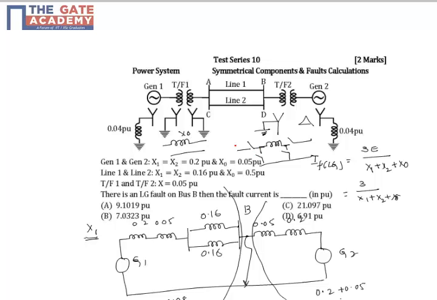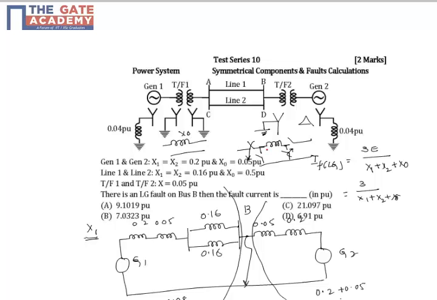Whenever you have a star connected with a ground, these switches will be closed. For example, on this side this will be closed, and these are for delta connected. Since it is not a delta connected system, it will be kept open. But on this side, it is delta connected, so this will be closed and this will be kept open because this is not a star with ground.